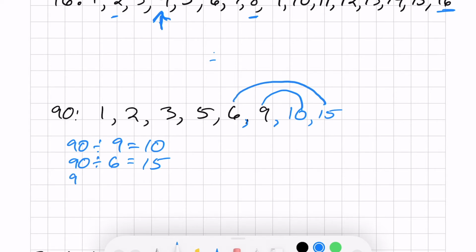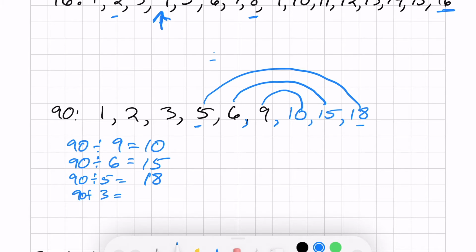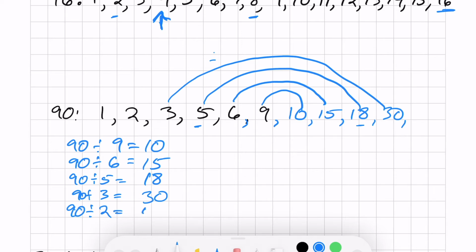Okay, 90 divided by 5 is going to be 18. Notice numbers are getting bigger as they should be, right? Because this number is getting smaller, this number would get bigger. And then 90 divided by 3 equals 30. Connect there. And 90 divided by 2 equals 45.